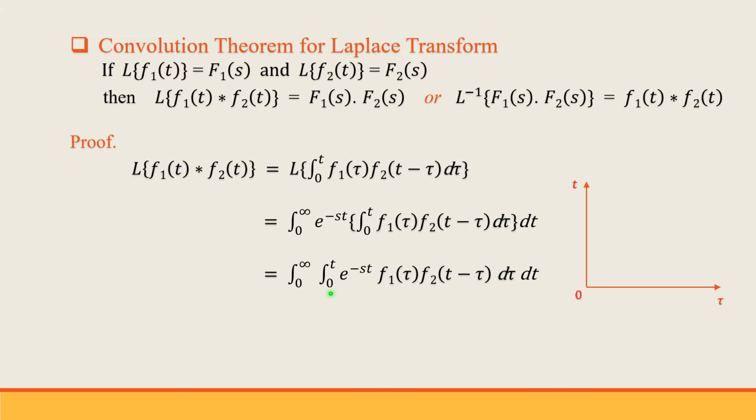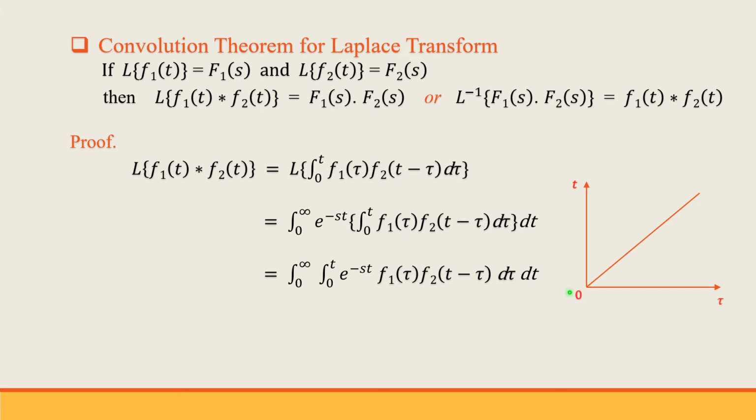It is the t-axis line, this one, and tau equal to t is a straight line as this one. Similarly, what are the limits for dt? t equal to 0 to t equal to infinity.